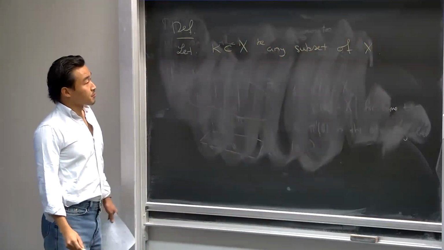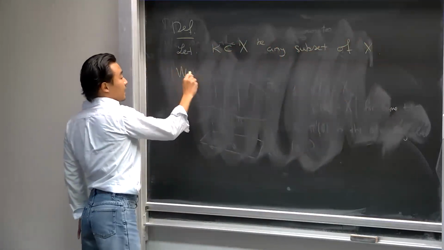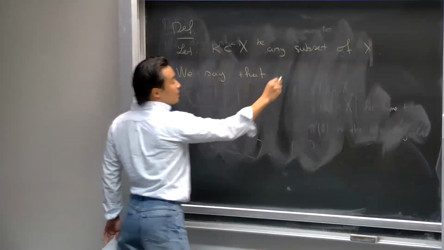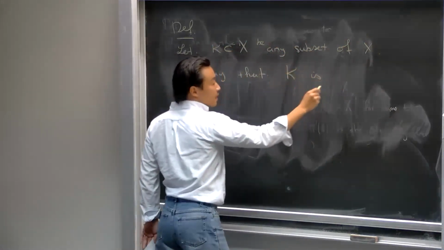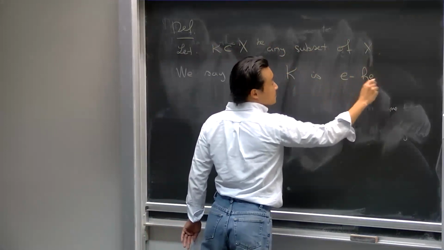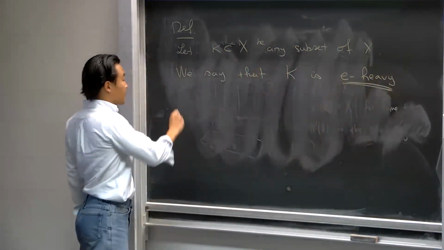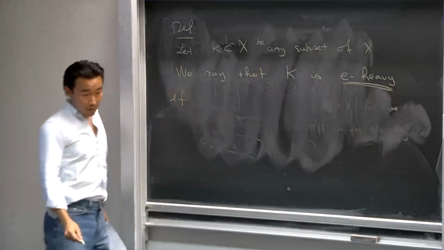And we say that K is heavy with respect to the class E if we have the following.